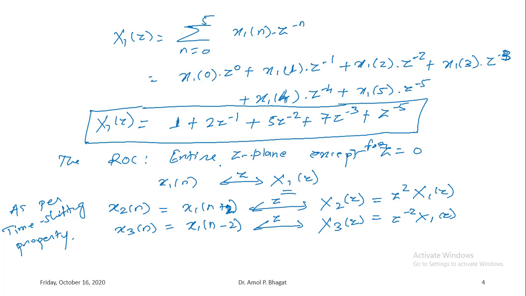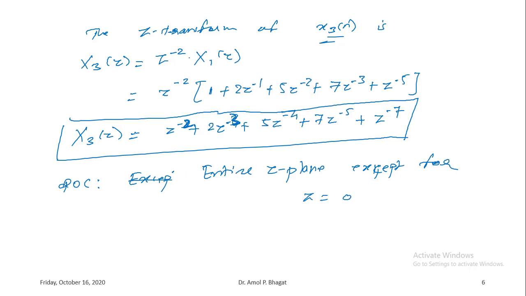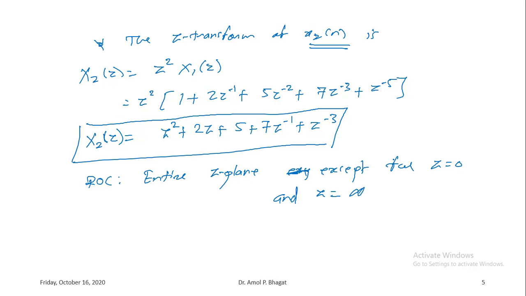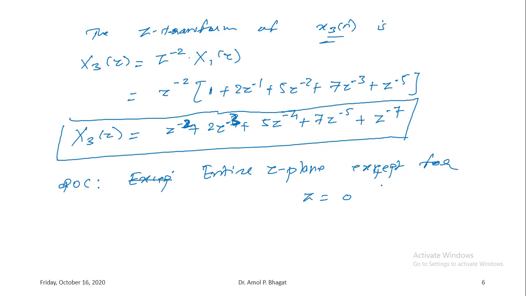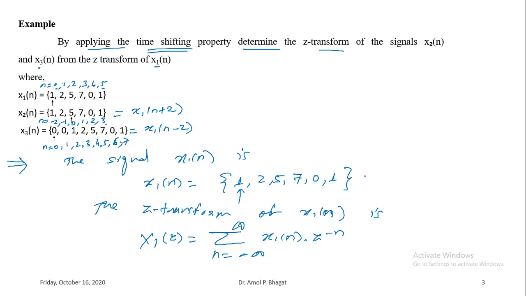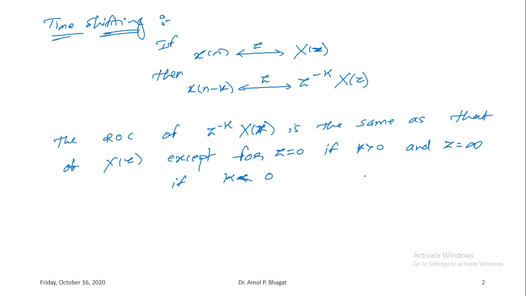So it is the same as that of X1 of z, that is the entire z plane except for z equals 0.